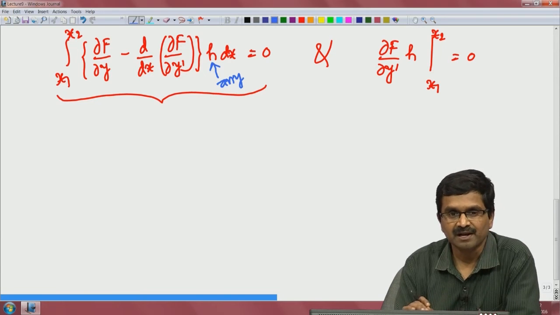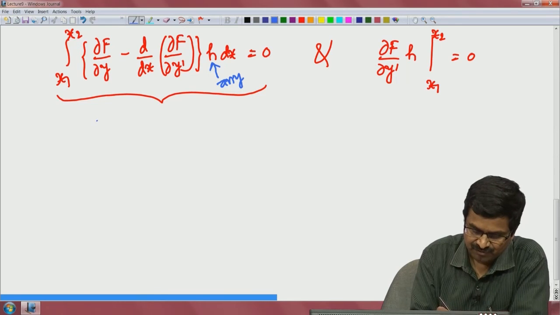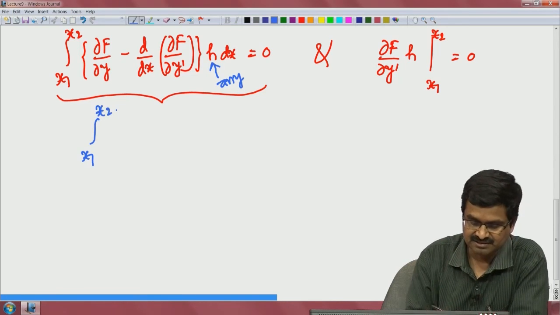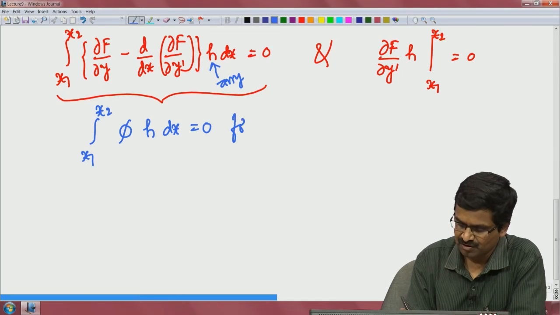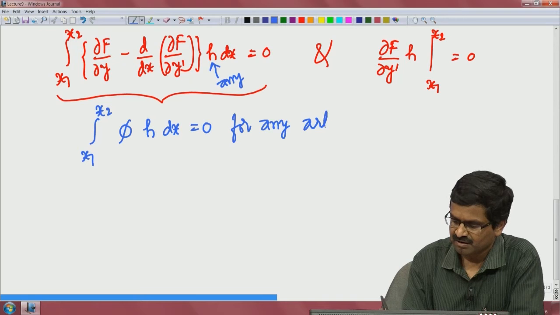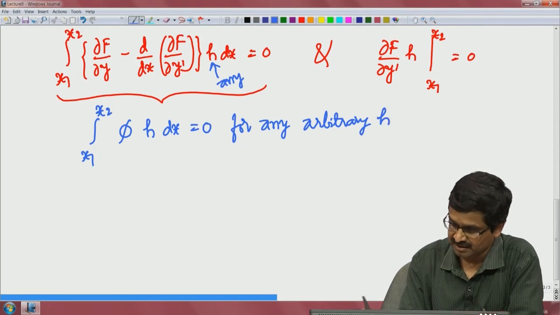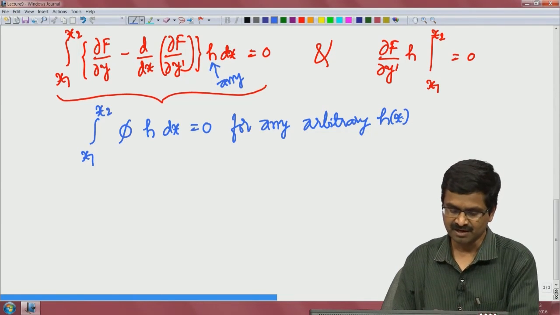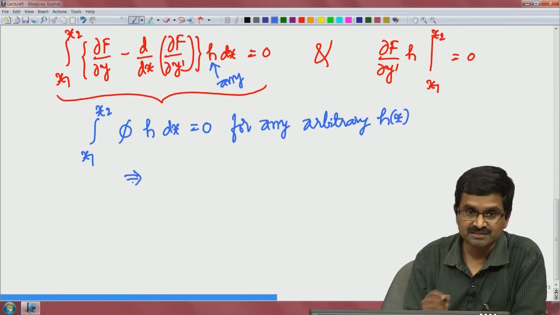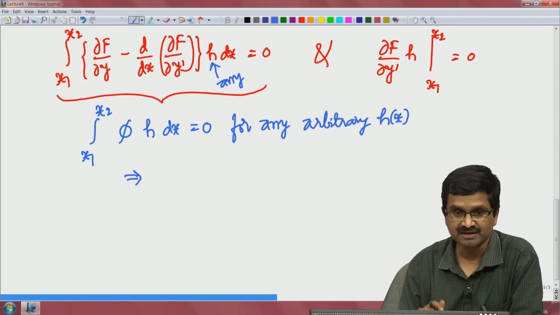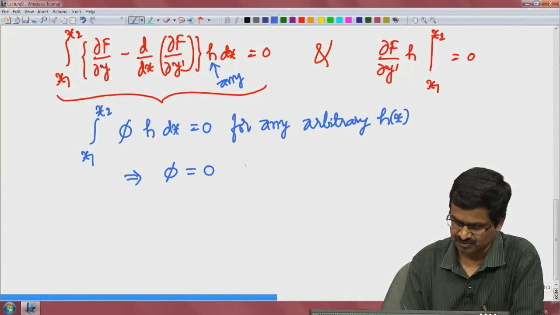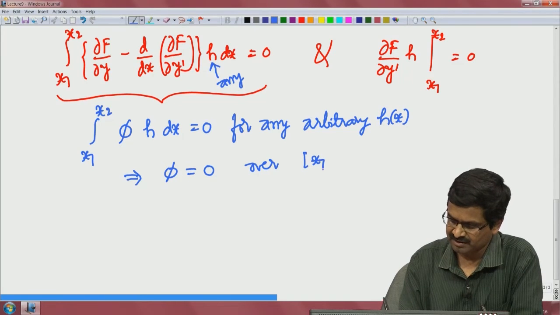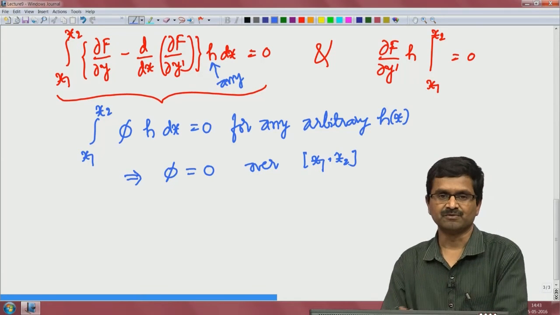Then there is something called a fundamental lemma in calculus of variations, which says that if we have an integral from x1 to x2 of some function phi times h dx equal to 0, for any arbitrary h of x, then phi must be identically 0 over the entire domain x1 to x2. It should be equal to 0 everywhere.